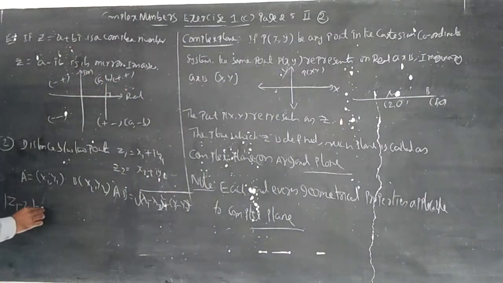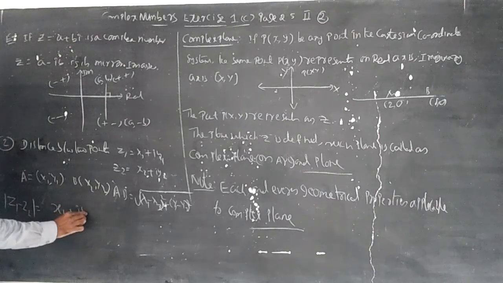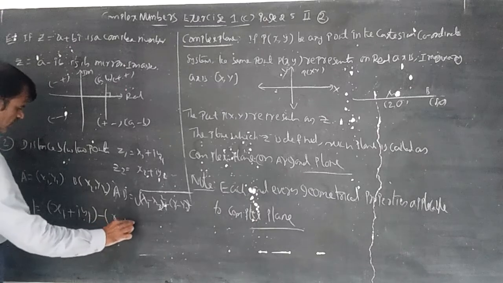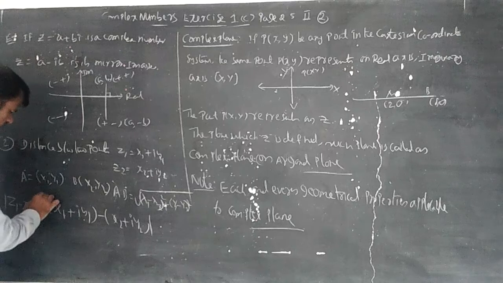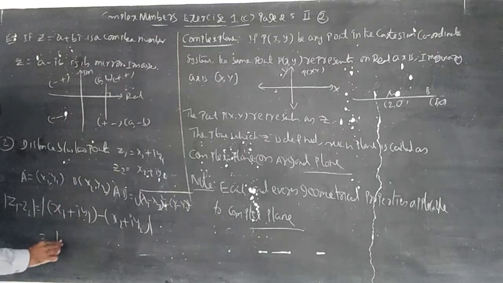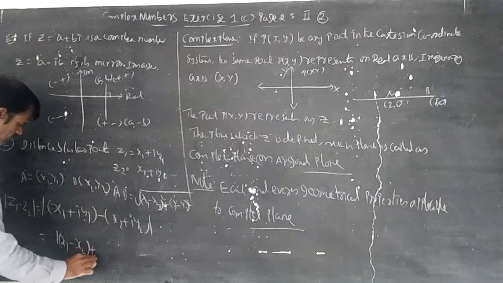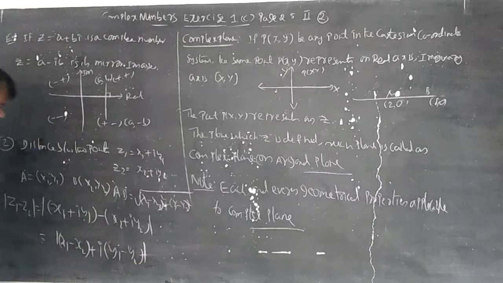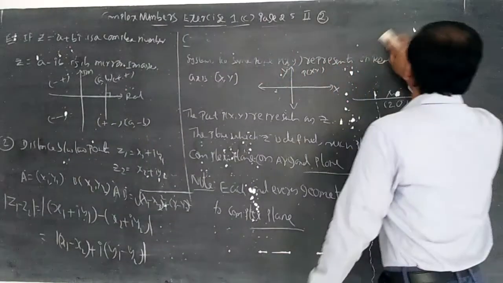So modulus of z1 minus z2, now you write what is z1? x1 plus iy1, right side. And what is z2? x2 plus iy2. Take over modulus, friends. So you can understand here modulus of x1 minus x2, take real part aside and imaginary part aside, that is within bracket. So what is modulus indicating? Modulus means real part square plus imaginary part square.